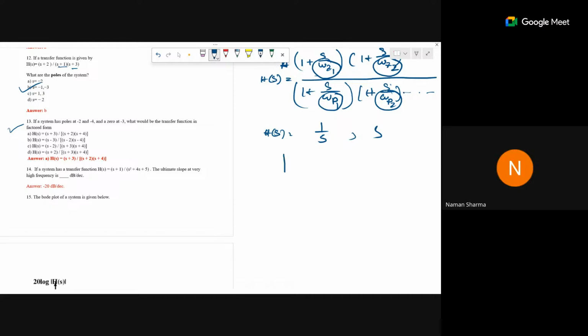So for a particular system, this axis will be 20 log of |H(s)|, and this will be omega in log scale, meaning log omega.